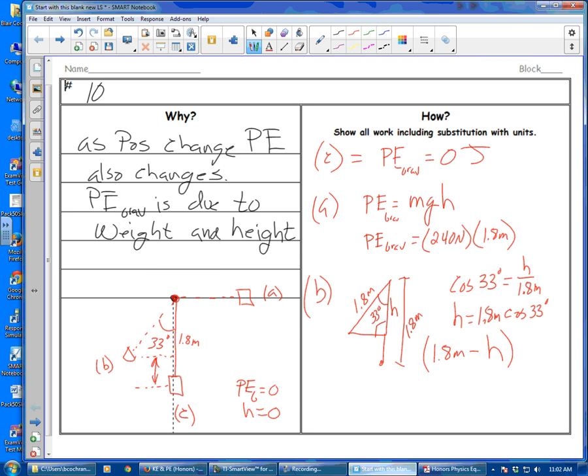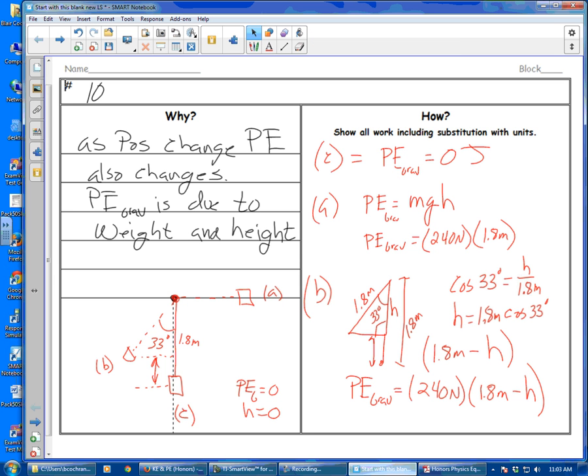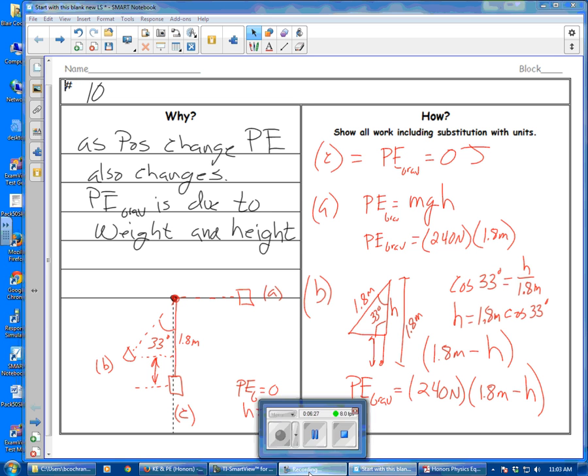That's this little part down here that's below the triangle. So that's what my height is when I do my calculation. So it's 240 newtons times whatever number I get for 1.8 meters minus h. And that should do it. You should find the maximum at A, the minimum at C, and B is in between. If you need help individually on the mathematics or anything, let me know.